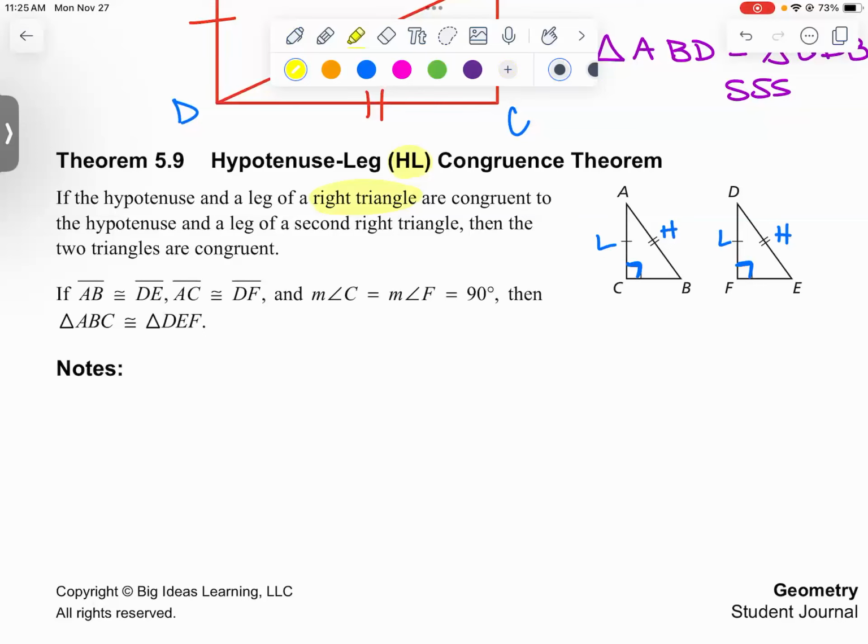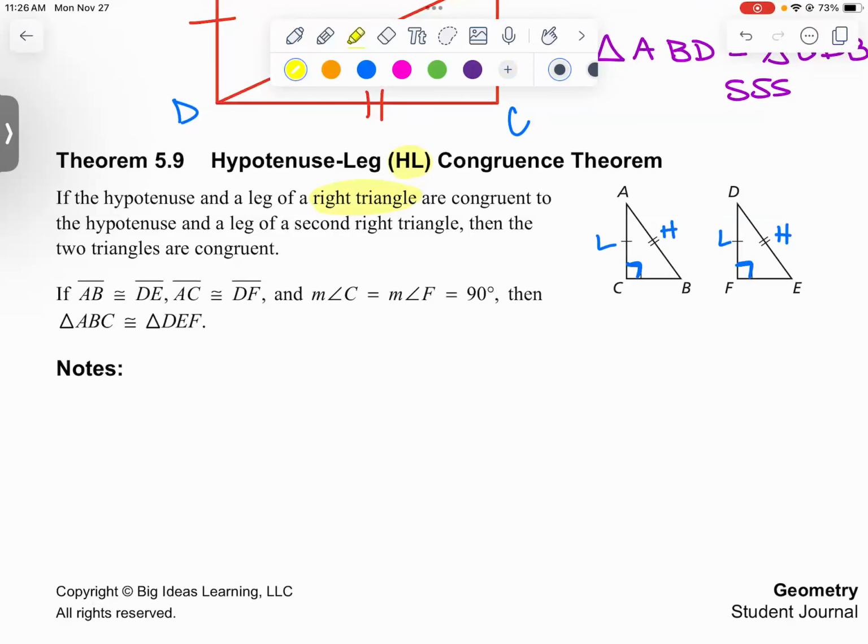So with every proof, there's 3 things that you need for information. So far, we've talked about side, side, side, and side, angle, side, right? Those are 3 pieces of information. Here we have hypotenuse leg, but you also better tell me that it's a right triangle. Okay.